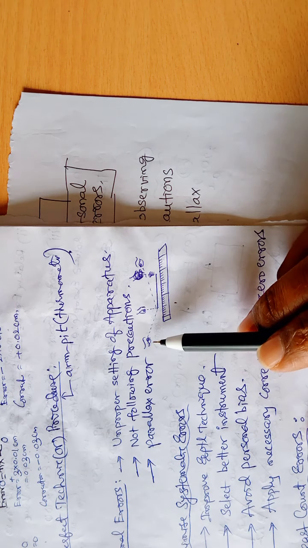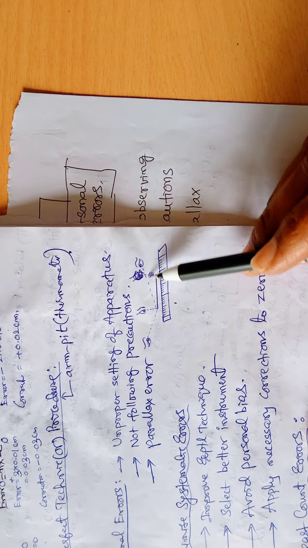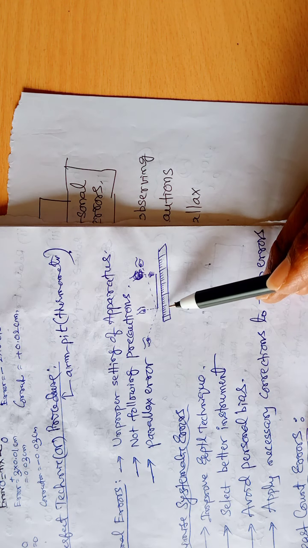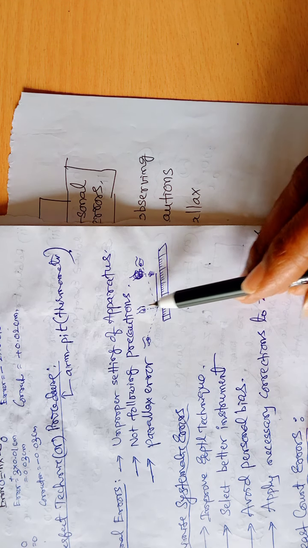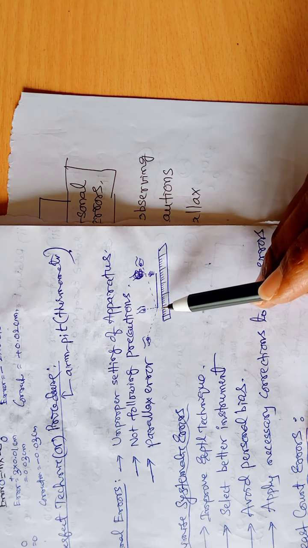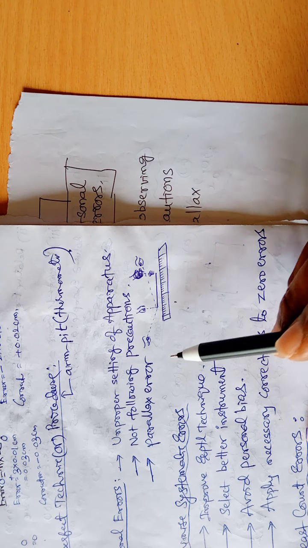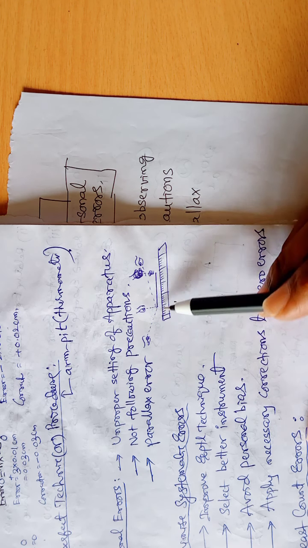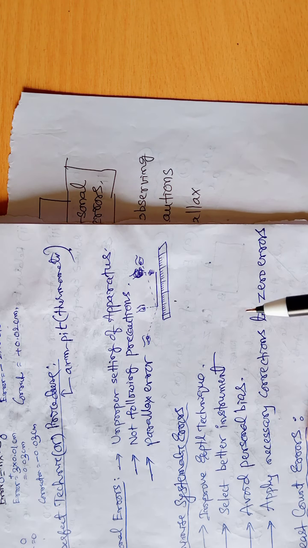Say one person is looking in this direction, another person looking in this direction, another person looking vertically at the end of the line segment and taking the reading. This is the correct procedure. The line of sight should not be inclined. The line of sight must be vertical, at 90 degrees.